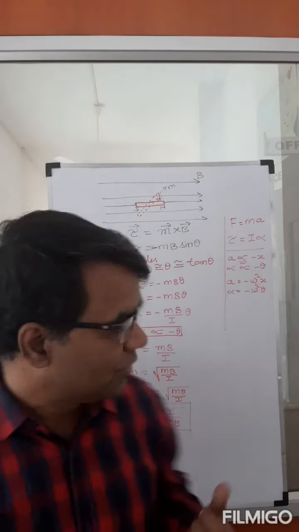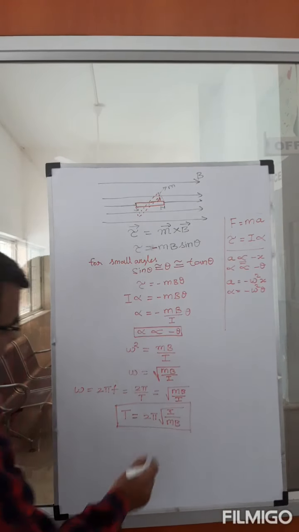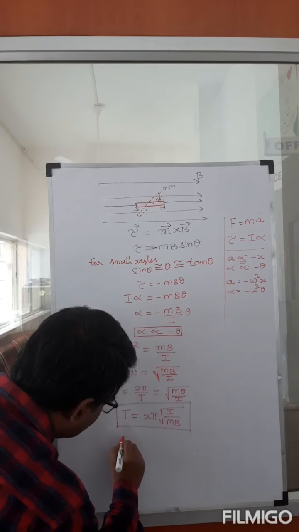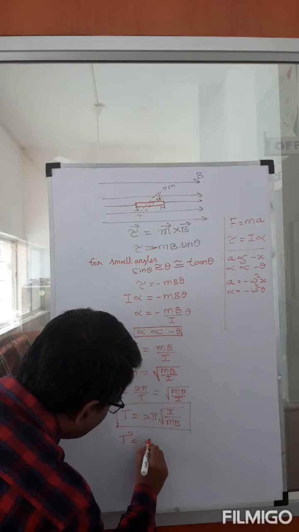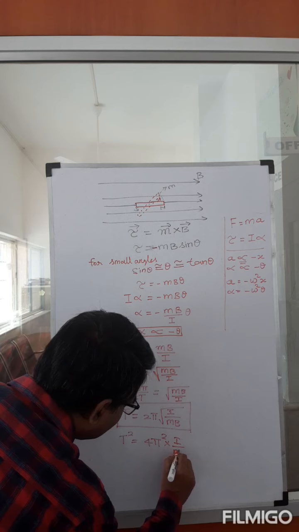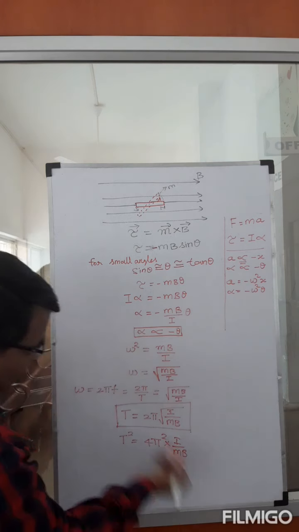using this expression. So how would I calculate B? I'll square it now. So T squared: everything squared. So I get T squared is equal to 4 pi squared into I by mB. So take it there.